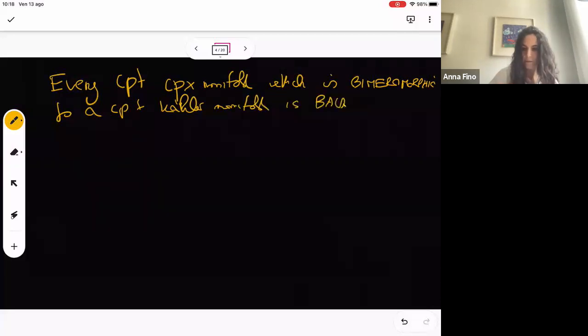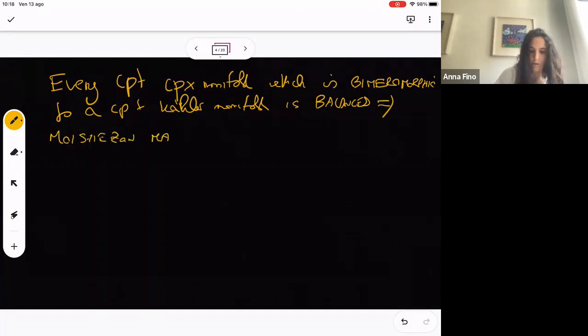And this allows us to consider two classes of manifolds. One we already saw is the Moishezon manifolds. In the second lecture, we showed, this was the Misha Verbitsky result, that Moishezon manifolds cannot admit pluriclosed metrics, but now we know that they admit balanced metrics.